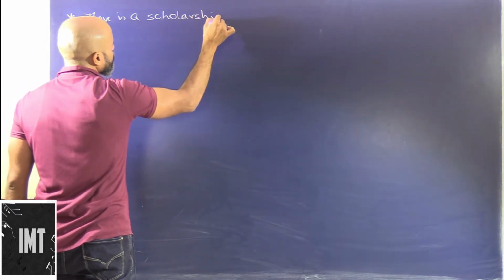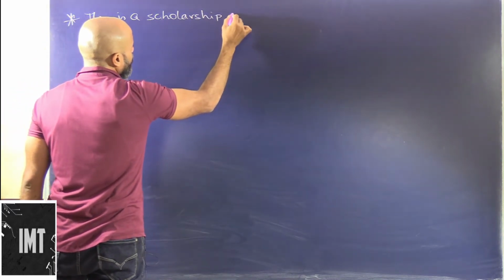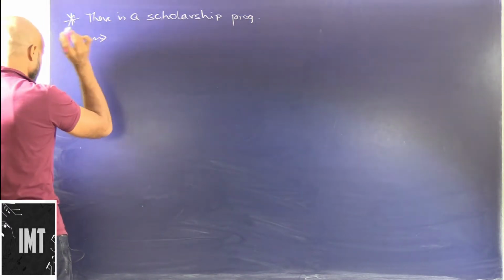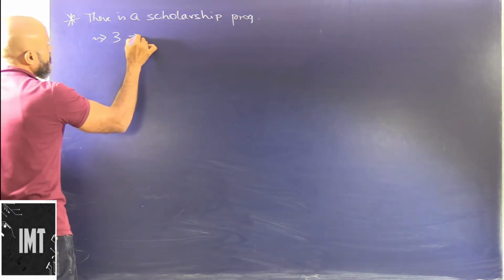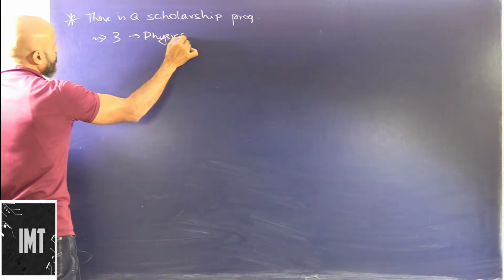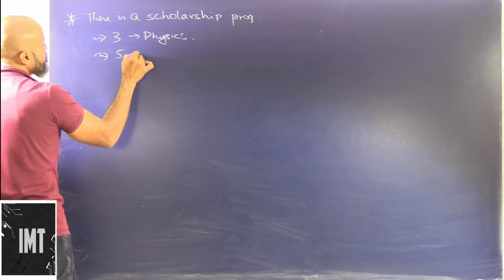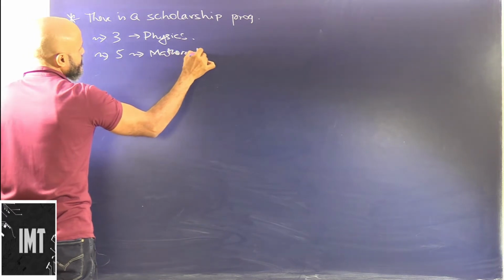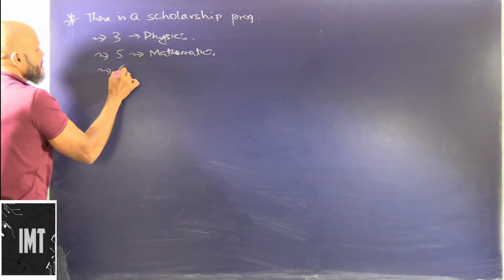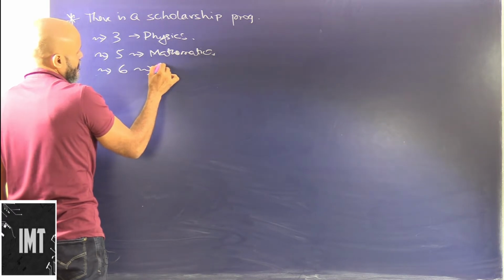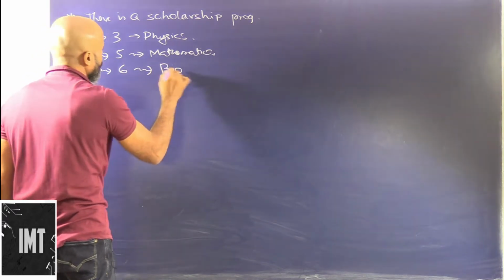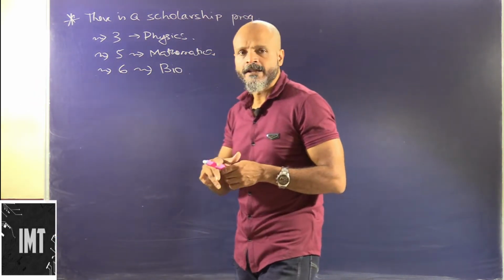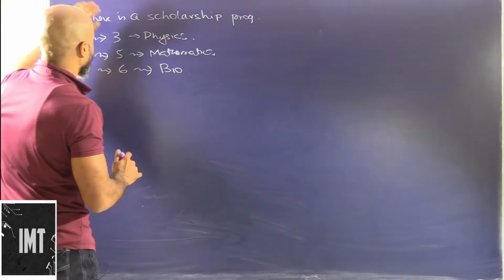It can be given in, let's say, 3 ways to a physics student, 5 ways to a mathematics student, or 6 ways to somebody in, let's say, biology. So there is a scholarship program that can be awarded in any of these 3 ways.